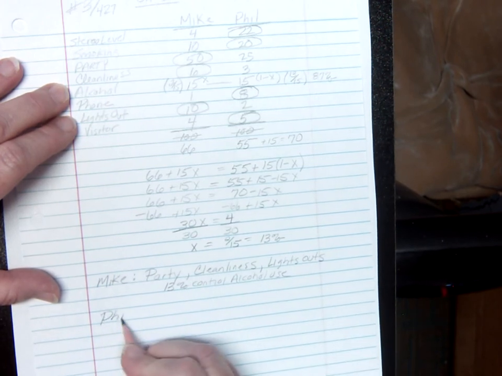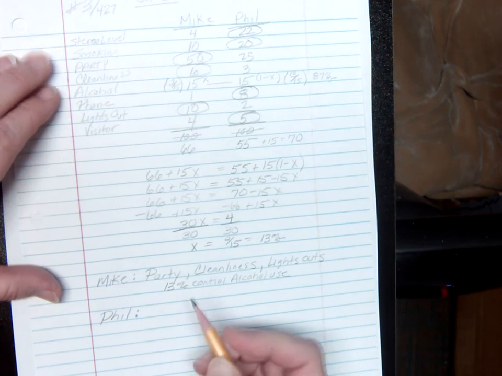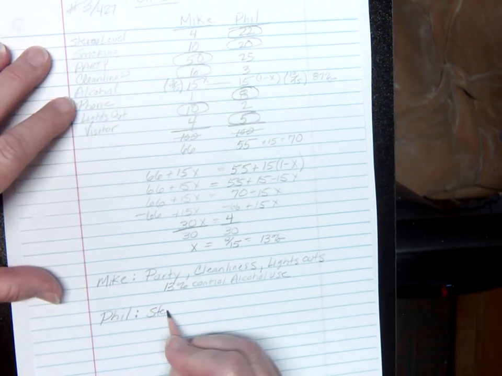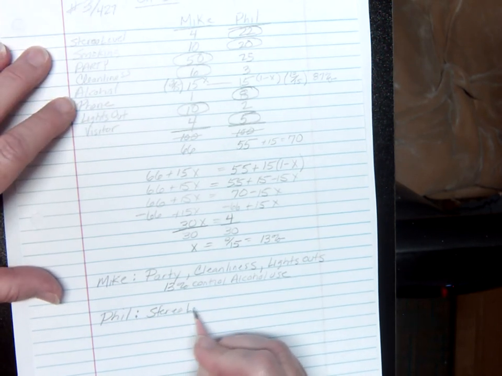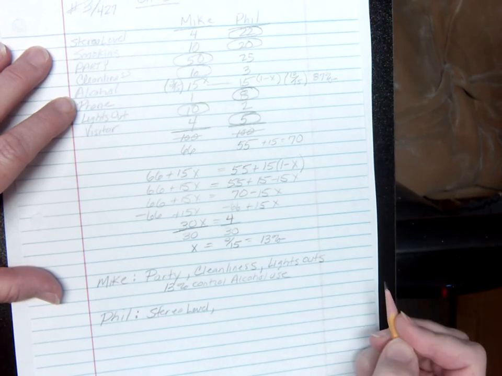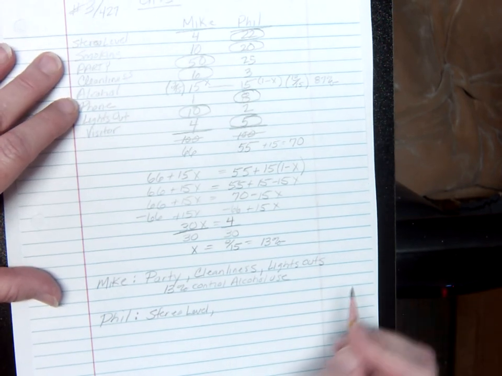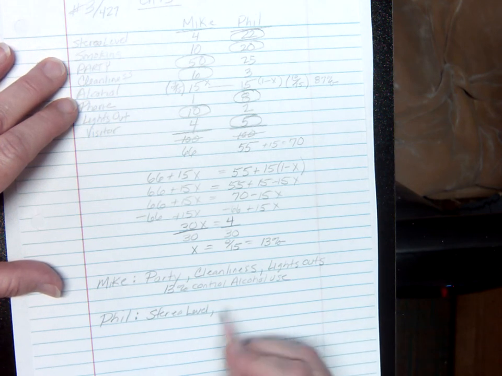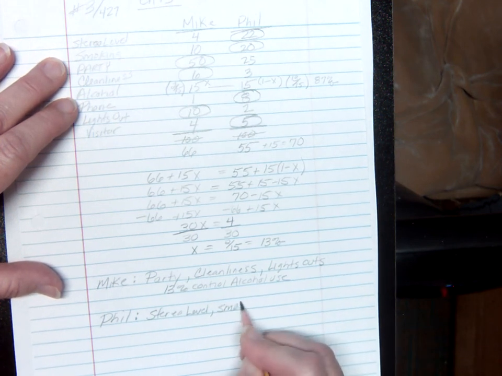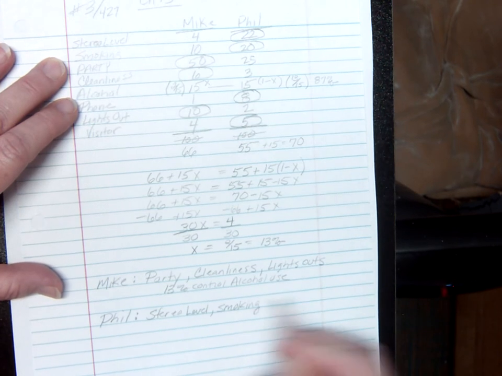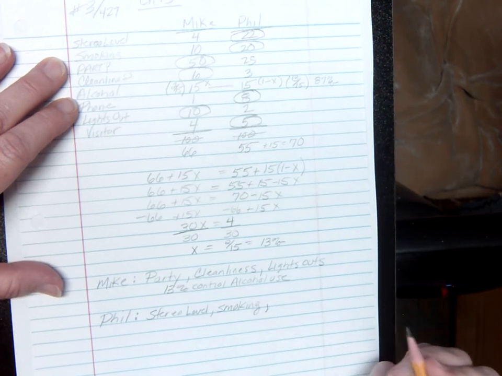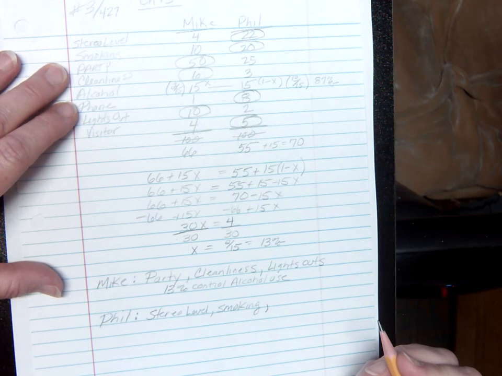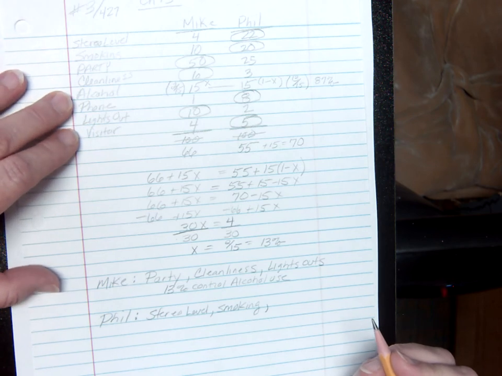Phil, on the other hand, gets to choose a stereo level, which again is kind of an obsolete thing now since everybody has headphones. The smoking policy, which honestly is probably obsolete too because you're really not allowed to smoke in most places.